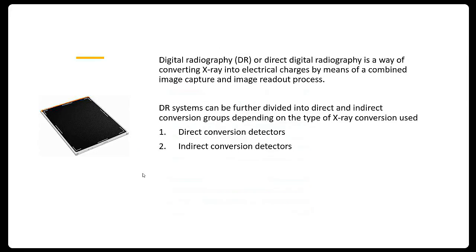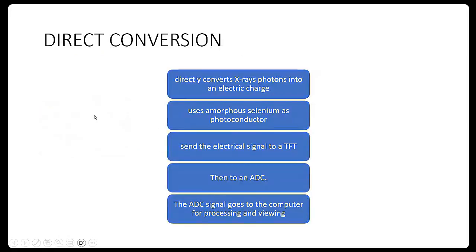Okay, so there is no intermediate step in between the process. Okay, so this is how a DR detector will look like. Okay, so let's see how direct conversion is taking place. So what acts as a photoconductor here? We use amorphous selenium as a photoconductor.